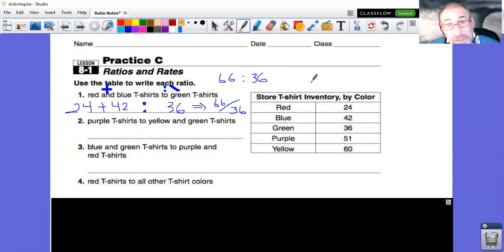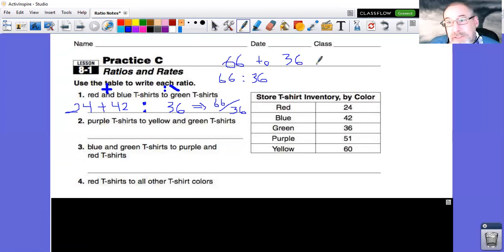If this was an EOG test question where you had to actually bubble in, you would have to put it as a fraction. And then, of course, the other is 66, the word to, 36. We could also simplify that, and it would be perfectly fine.